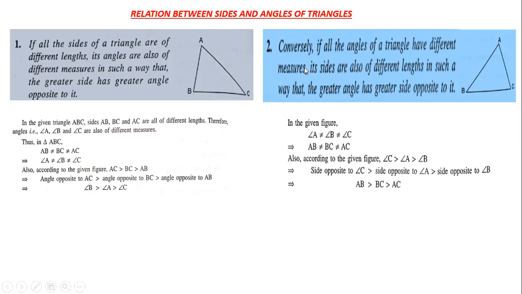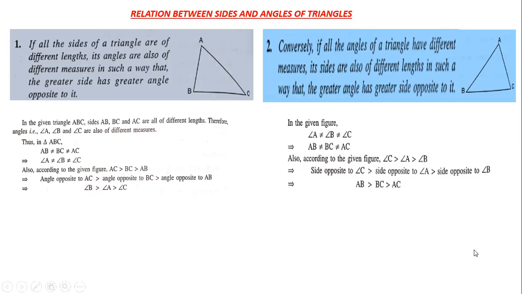See, come to the next one. This is the converse part of the first one. If all the angles of a triangle have different measures, then its sides are also of different lengths, and the lengths are in such a way that the greater angle has the greater side opposite to it.